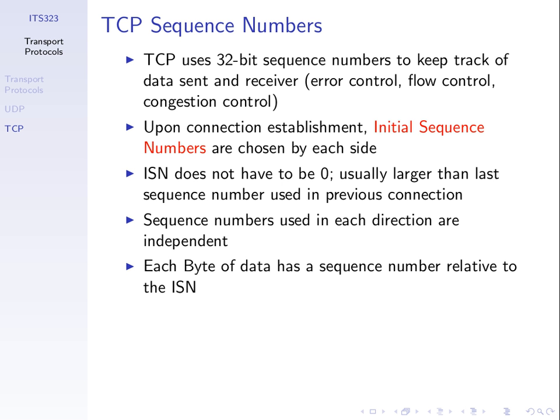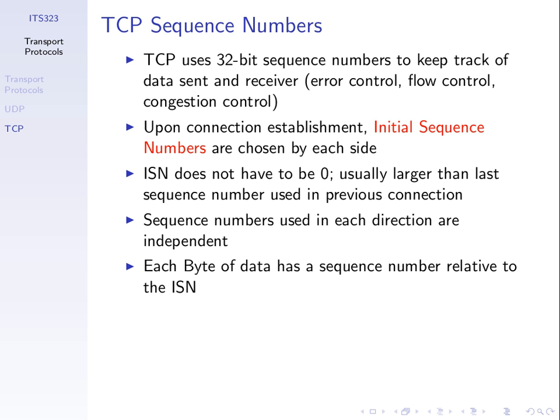So when A connects to B, A chooses an initial sequence number, and B also chooses an initial sequence number. And the values chosen by A and B are independent. They're not related with each other. So to set up a connection between A and B, A chooses an initial sequence number, tells B. B chooses its initial sequence number and tells A. And once they know each other's, then they can start sending data.